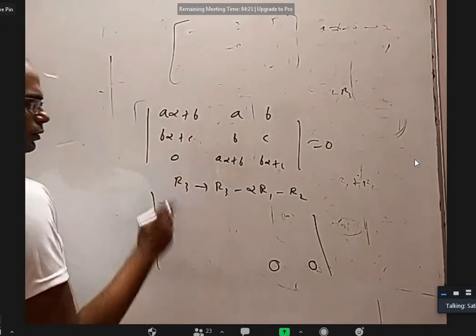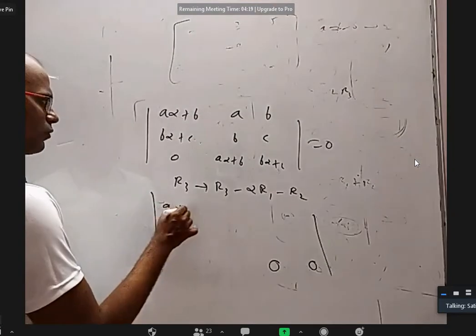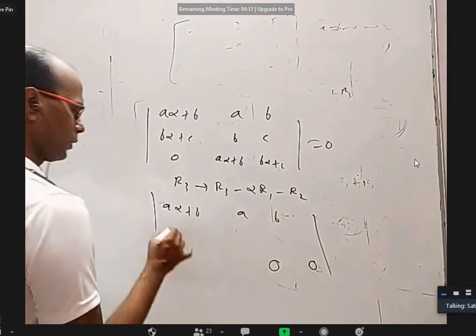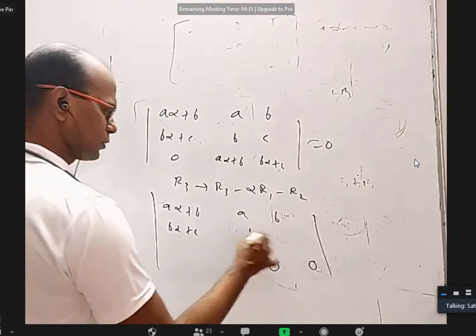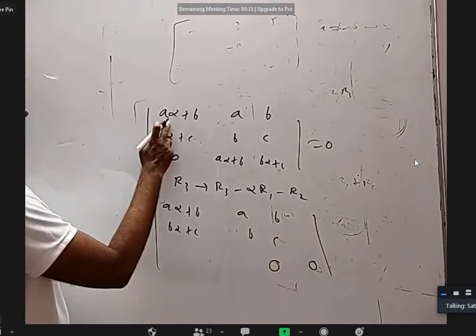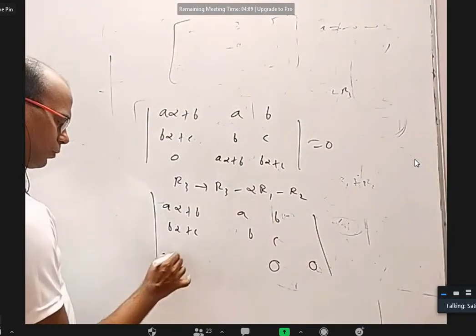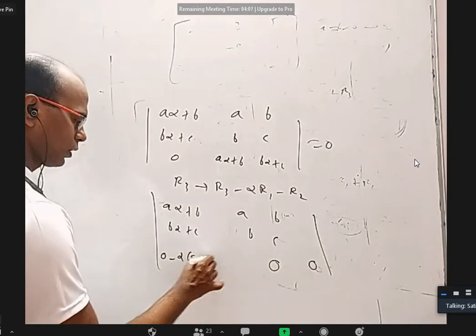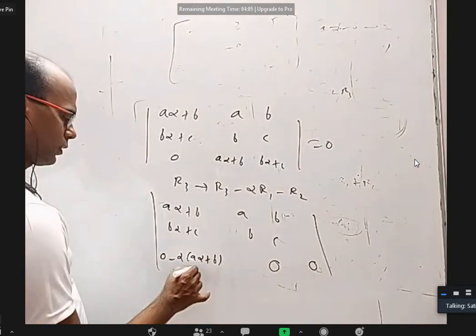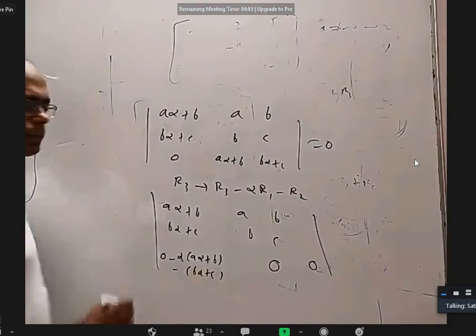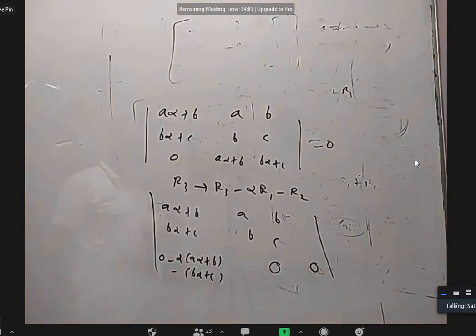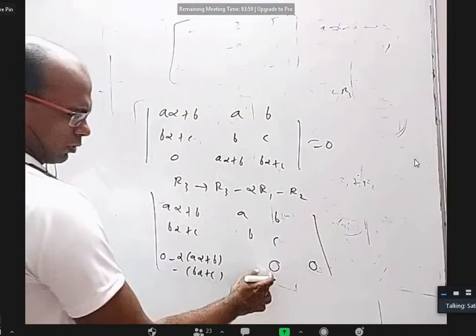And here A alpha plus B as it is, B alpha plus C as it is. What will come here is 0 minus alpha into A alpha plus B minus B alpha plus C. Now two elements are 0.